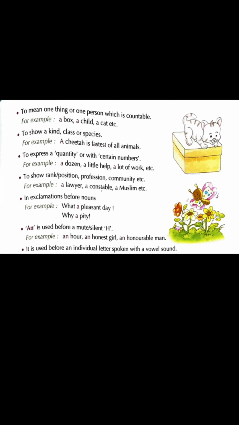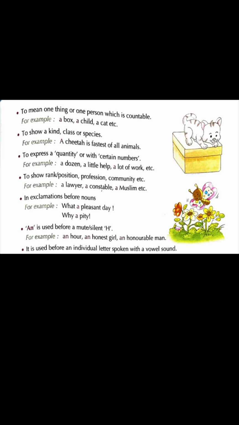Or to express a quantity or with certain numbers, like a dozen or a little help, okay? To show rank or position of profession or community, like a lawyer, a constable, etc. In exclamations before nouns, like what a pleasant day, what a pity.